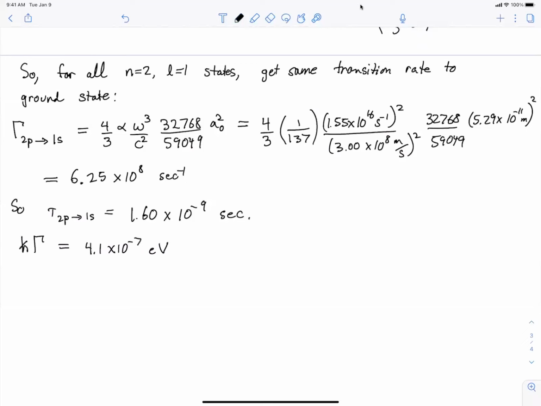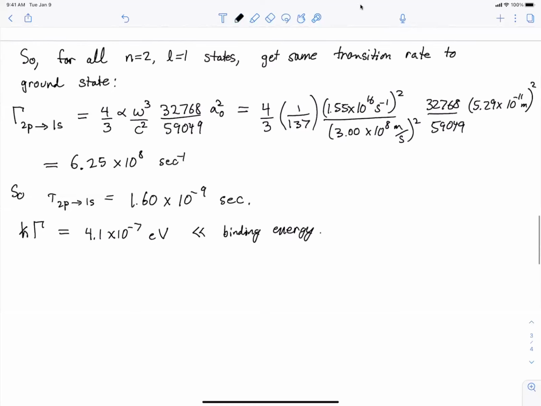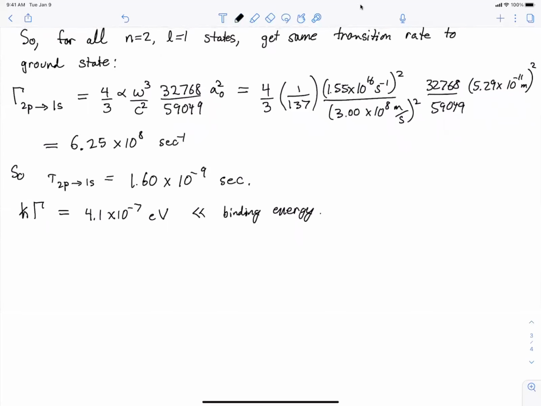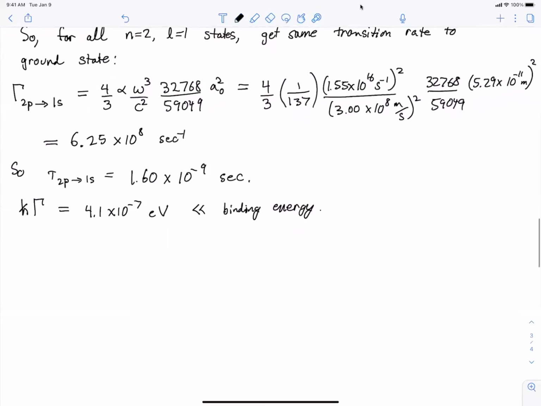The only thing we care about at the moment is that it's much, much less than the binding energy, which is just telling us that the width of this state viewed as an energy didn't disturb too much what the energy levels were. If it had, then we would have had to think a little bit more carefully about what that might mean. But this is an extremely tiny energy shift due to the width.